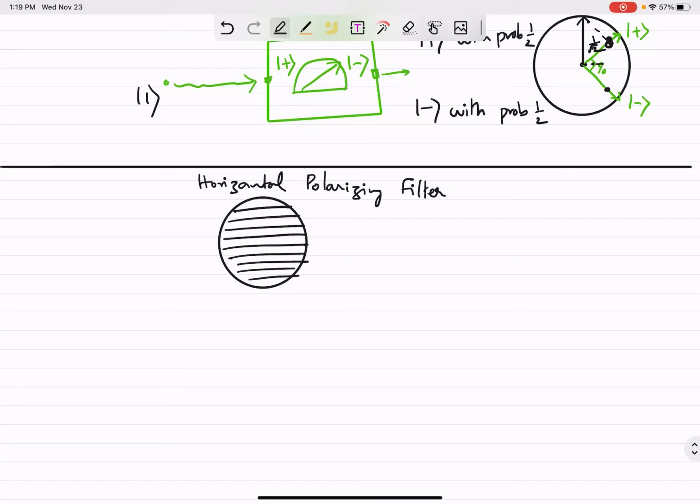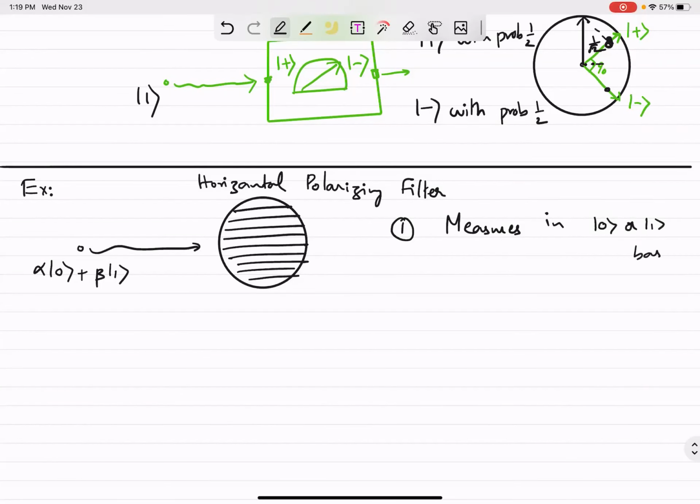Okay. So what is a horizontal filter? Well, it's something which, if I pass in a photon in these states, does two things. First, it measures in the 0 or 1 basis. If the outcome is 0, it lets it through.